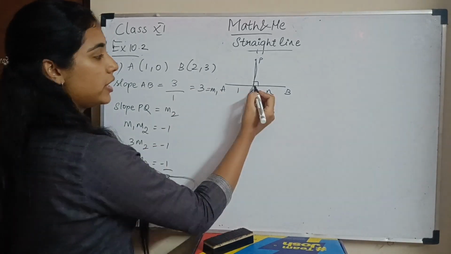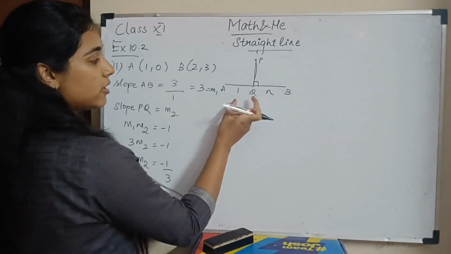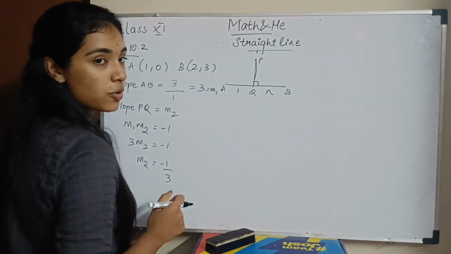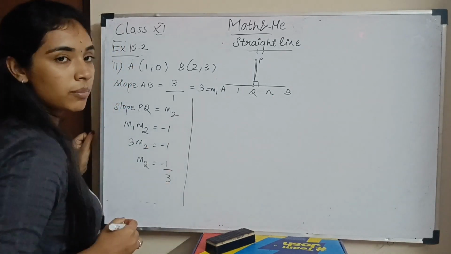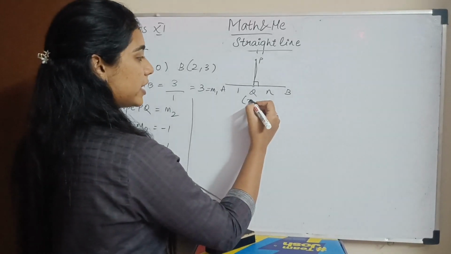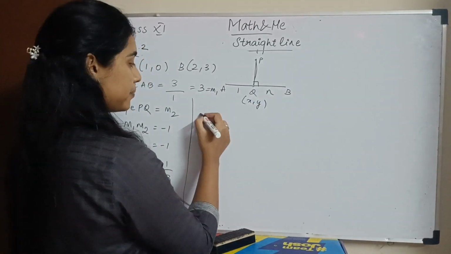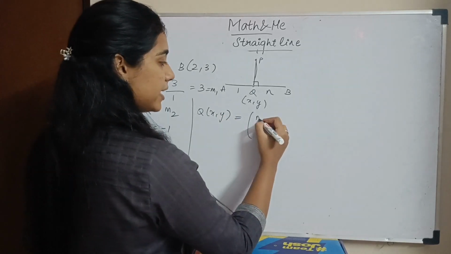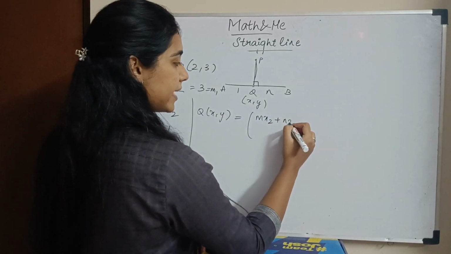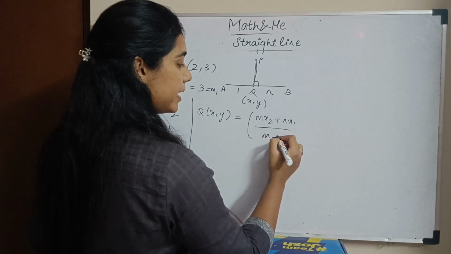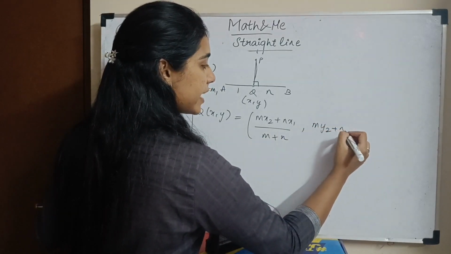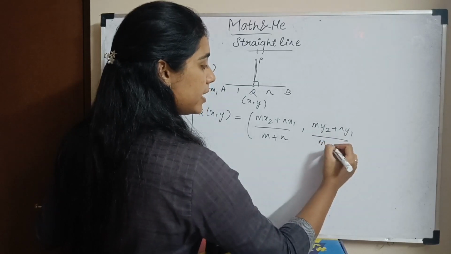We need to know the point Q. It is given that this particular Q divides the line segment in the ratio 1:n. So what do you know about ratios? Let the coordinate of Q be x, y. To find x, y, you need (m x2 plus n x1) divided by (m plus n) and (m y2 plus n y1) divided by (m plus n).